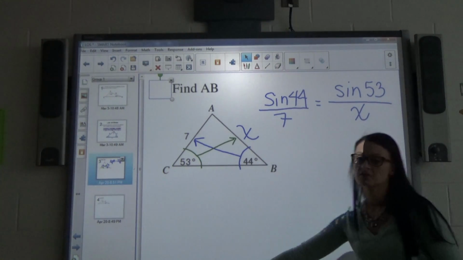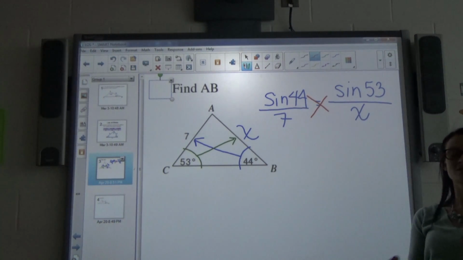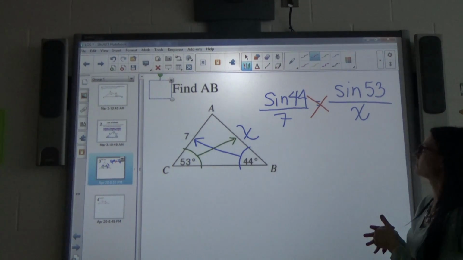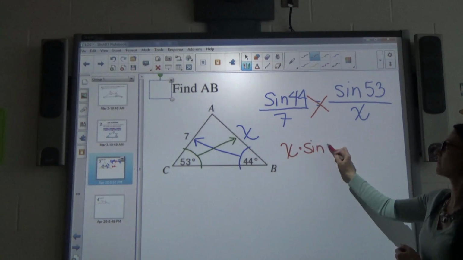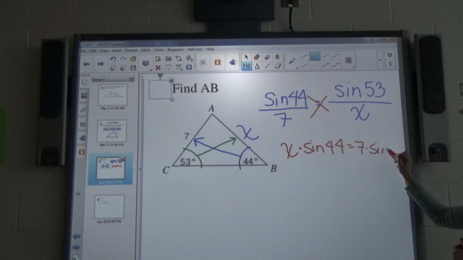So the first thing I'm going to do here is cross multiply. And if you remember, the sine of any angle is just a number, so I'm going to keep that in mind because that's going to help me manipulate my equation. So I would have X times the sine of 44 is equal to 7 times the sine of 53 after my cross multiplication.